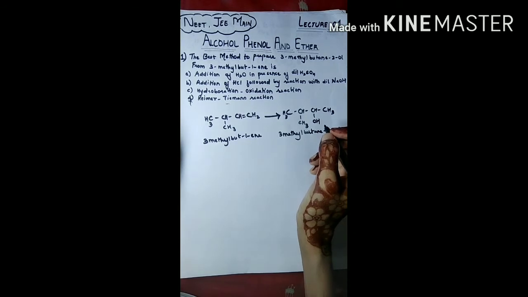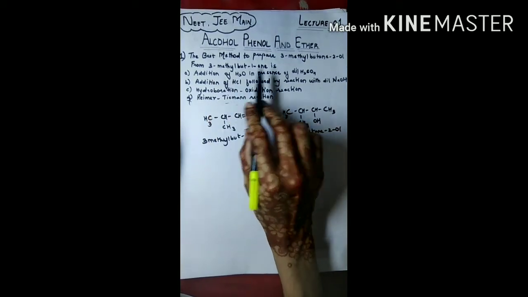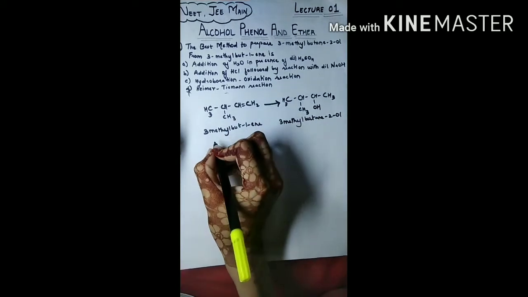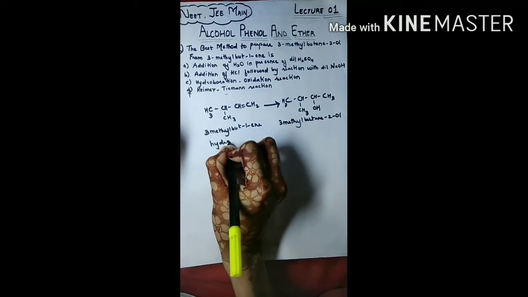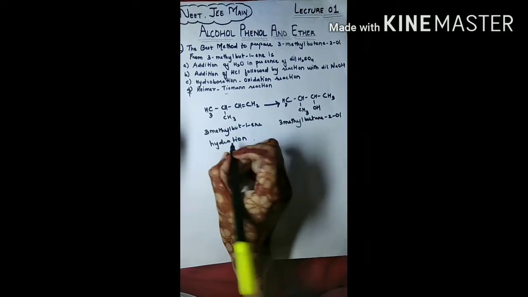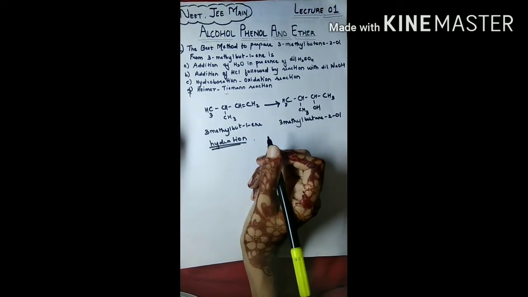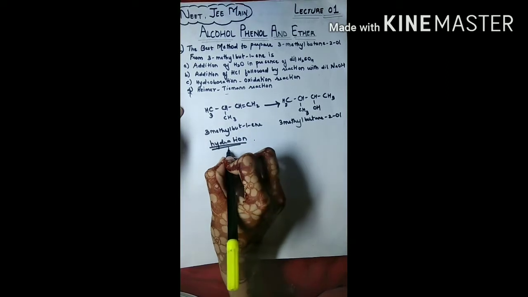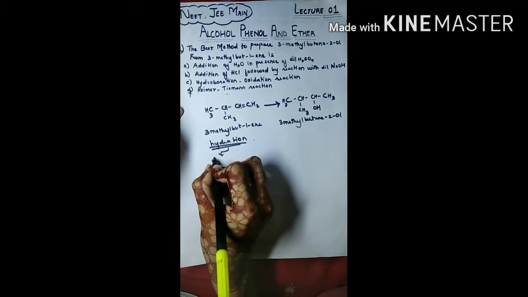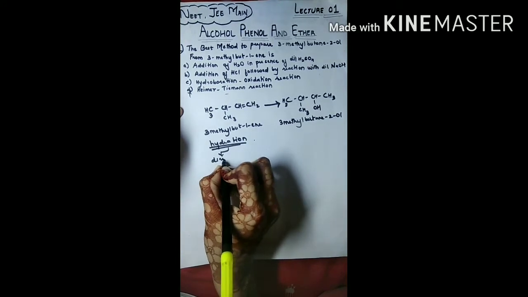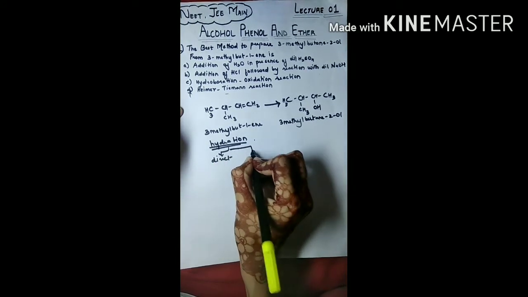Students, addition of water in the presence of H2SO4 means hydration of alkene, right? So here in hydration there are two methods, that is direct method and indirect method.